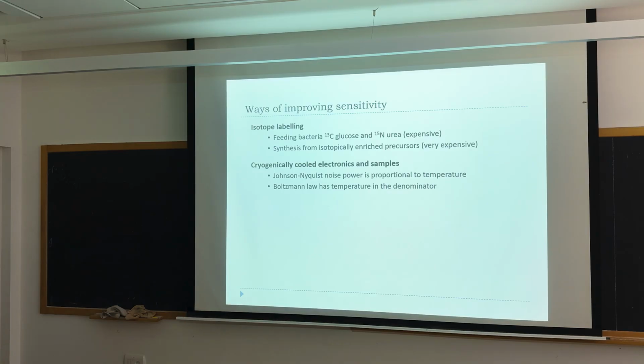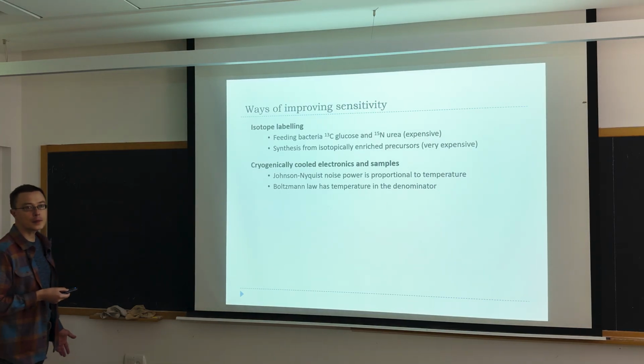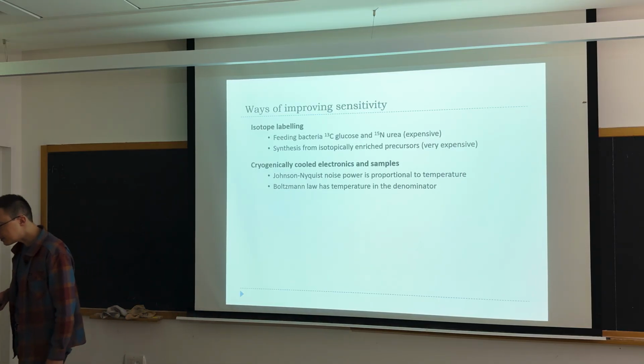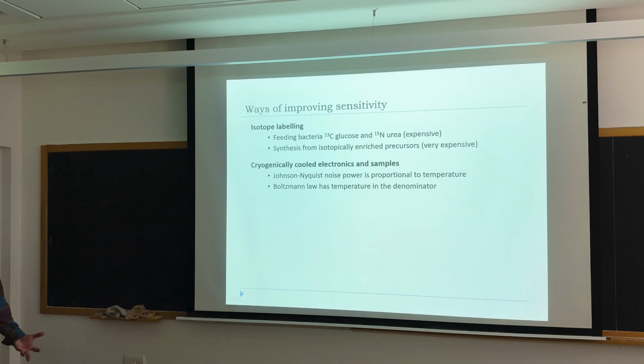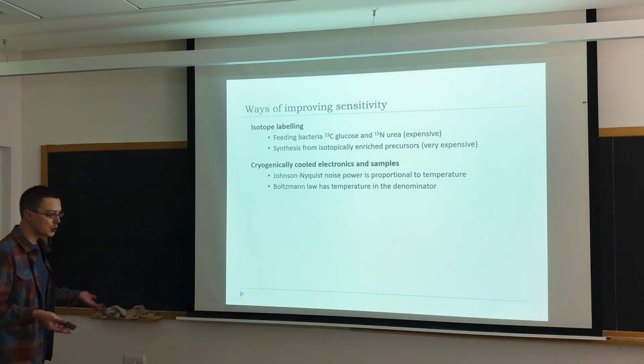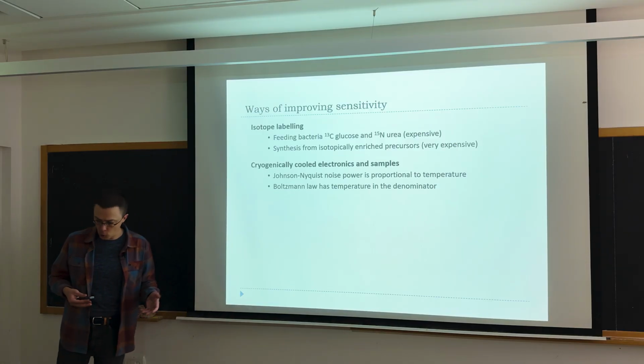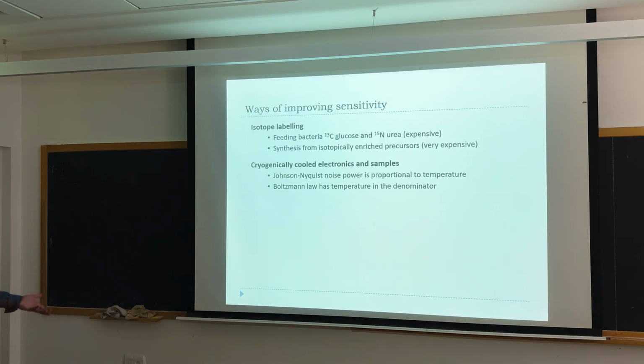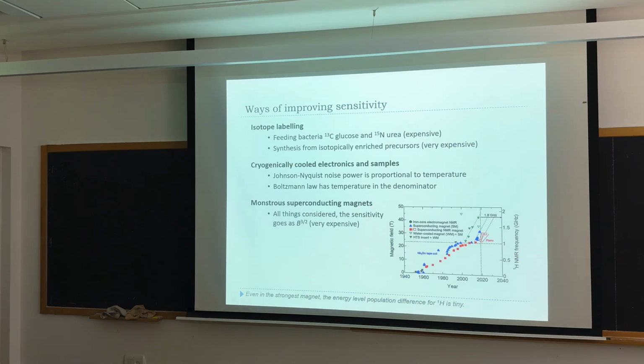And then, of course, we can cool down our actual sample. For biological samples, this is not very practical, because if you freeze them, they stop working like they normally would. But for some other samples, cryogenic magnetic resonance is an option, because the population difference for nuclear spins is roughly inversely proportional to temperature.